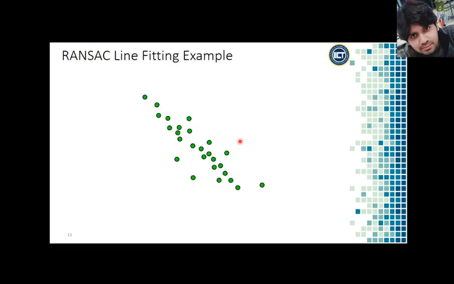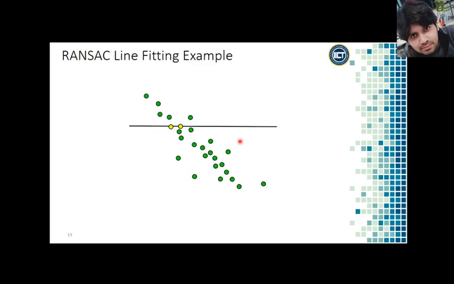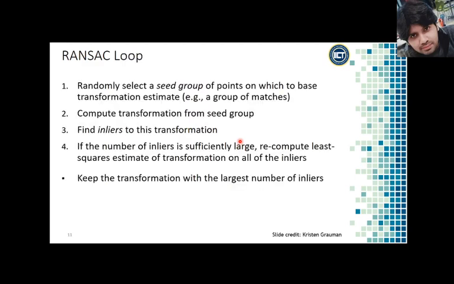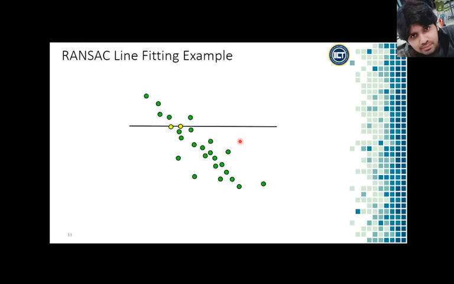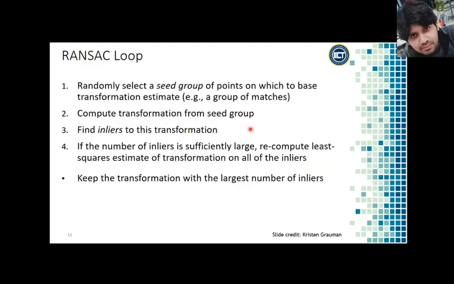So let's say we have these kind of points. The first step is to randomly select a seed group of points on which to base the transformation estimate. So we randomly select these 2 points. The second step is to compute the transformation from the seed group. We compute the transformation, which is represented by this line, and then we find the inliers to this transformation.